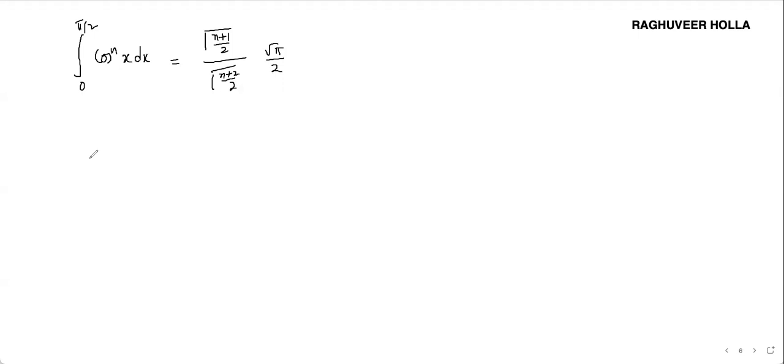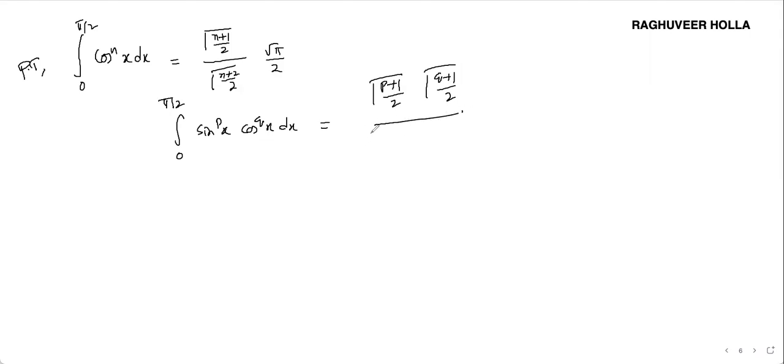Now let us prove this. Here again, considering the integral from 0 to pi by 2 of sine p x cos q x dx, which is equal to gamma (p plus 1) by 2 and gamma (q plus 1) by 2 divided by 2 gamma (p plus q plus 2) by 2.